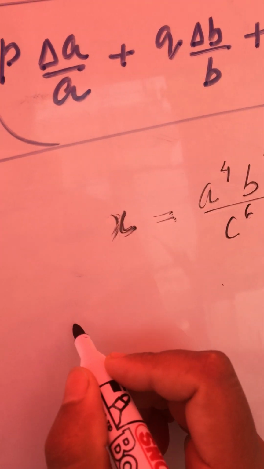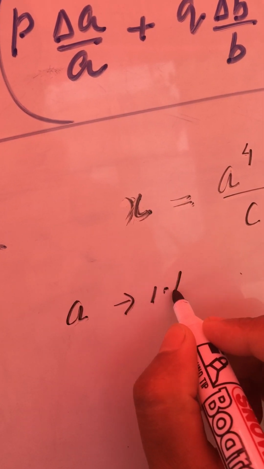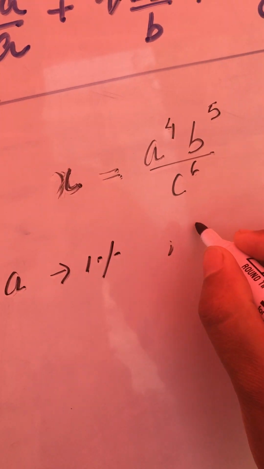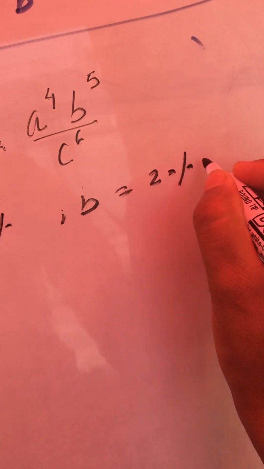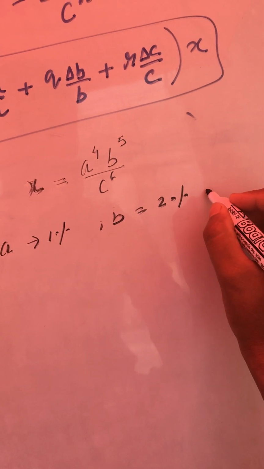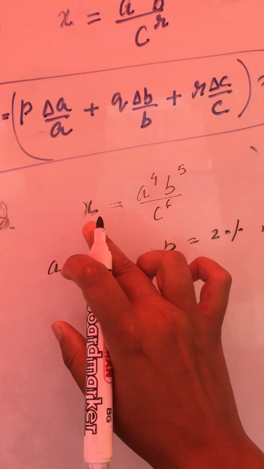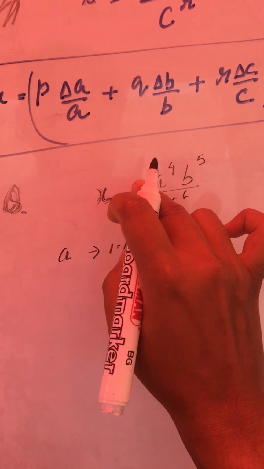Let's say a has an error of 1%, b also has an error, let's say 2%, and c also has an error of 3%. That means any experiment that involves this needs to use this formula.